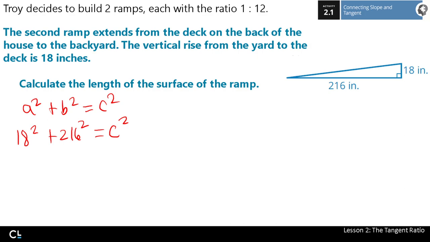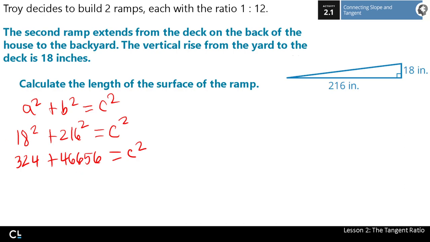We're going to get big numbers here, people. And so 18 squared is going to give me 324 plus 216 squared is 46,656, which is going to equal c squared. Now we just have to add these two numbers together.